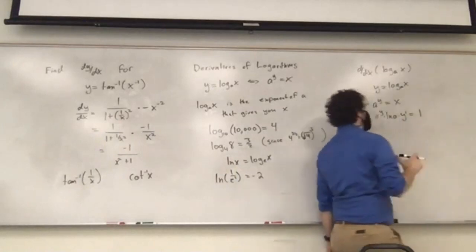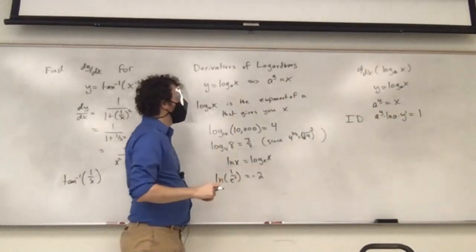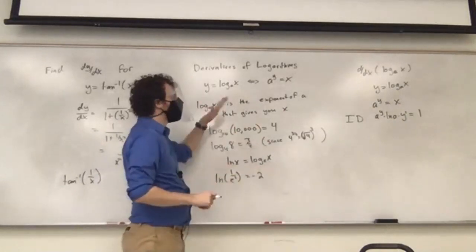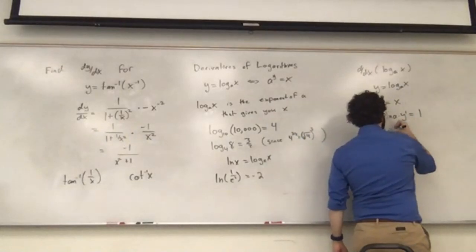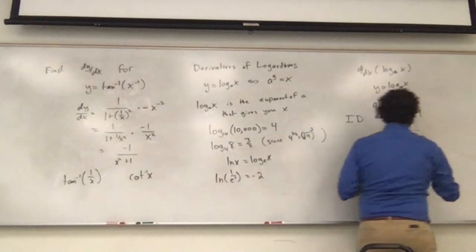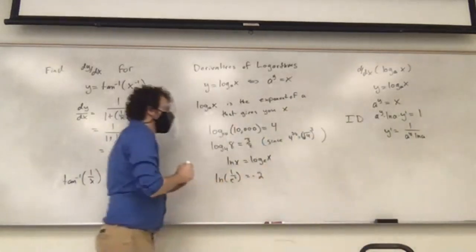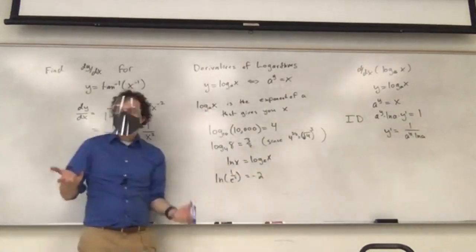So not a lot going on there. And then solve this equation for y prime. So divide by that other stuff. Y prime is 1 over a to the y times the natural log of a. So that is the derivative.